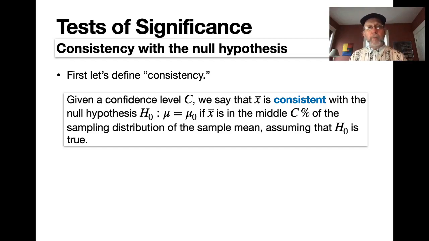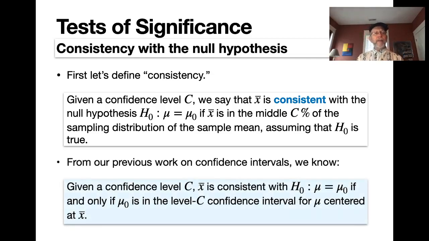We looked at this question when we were studying confidence intervals, and we found that confidence intervals themselves have something very nice to say about this. To ask whether X bar is in the middle C% of a sampling distribution with a given mean, you just have to ask whether that given mean is in the level C confidence interval for mu centered at your X bar value.